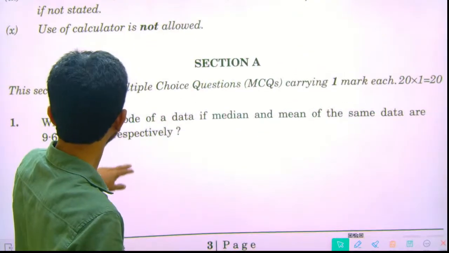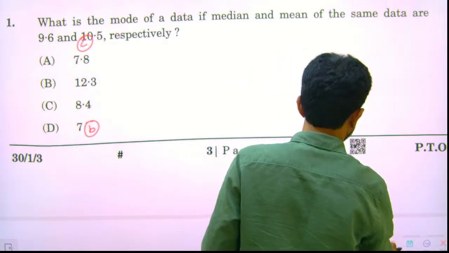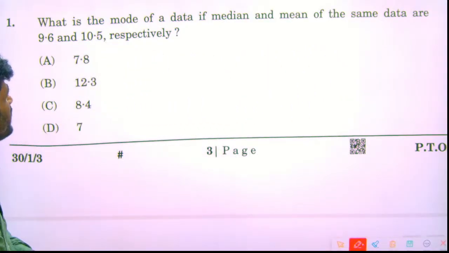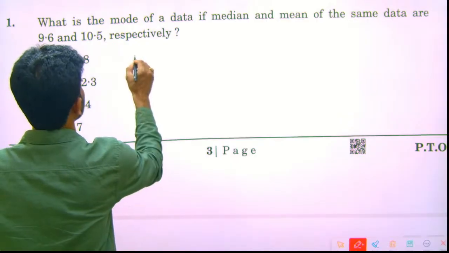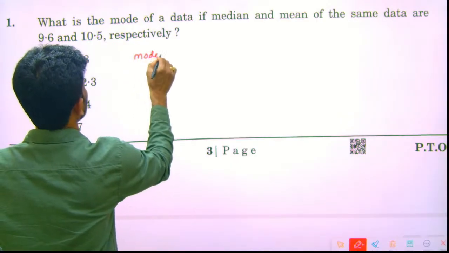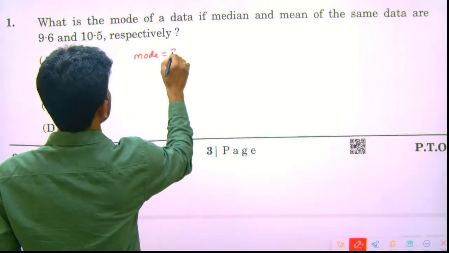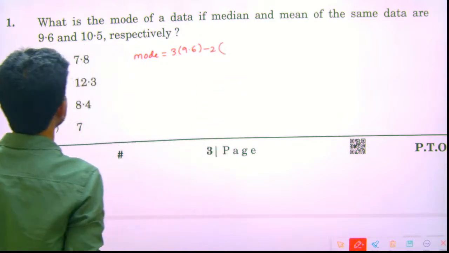Now set 3 objective. This first question is not there in set 1 or set 2. What is the mode of a data if the median and mean of the same data are given? Mode is equal to 3 into median 9.6 minus 2 into mean 10.5.